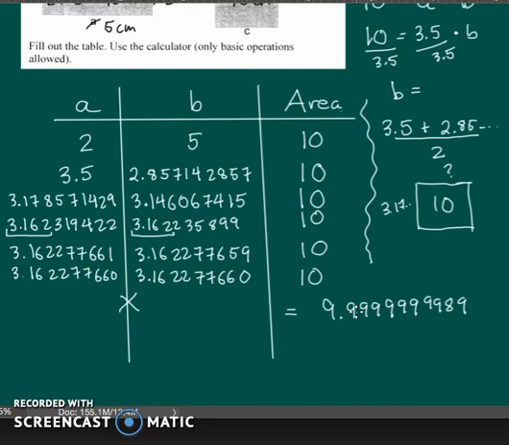We can find a 6th row and a 7th row and get closer and closer to the value of that side length, but we're never going to find an A and a B that are exactly the same for an area that is 10 centimeters squared.